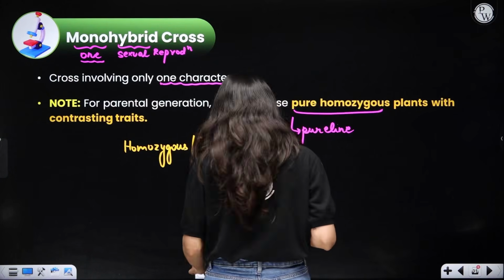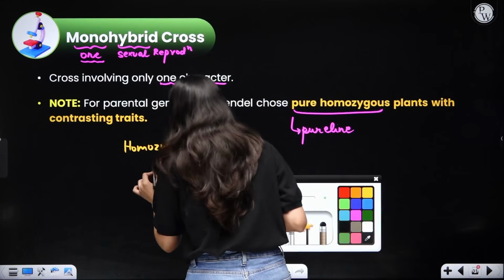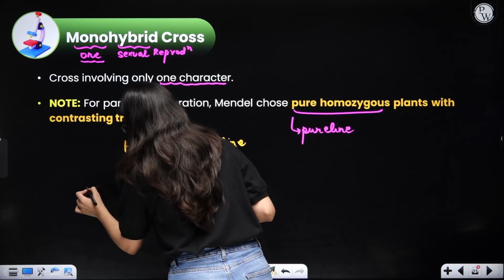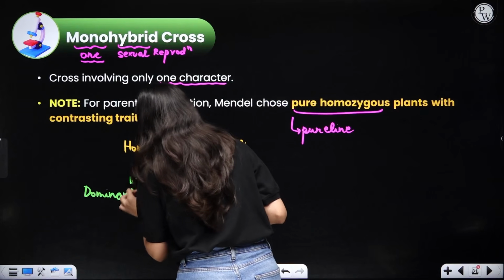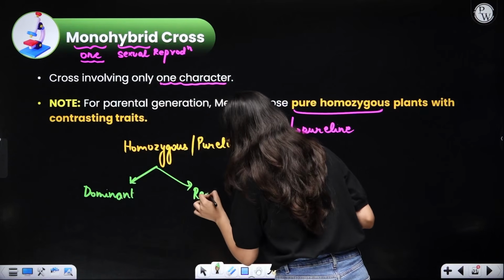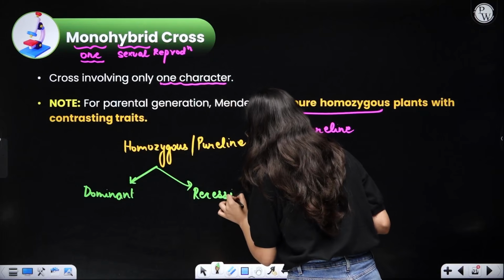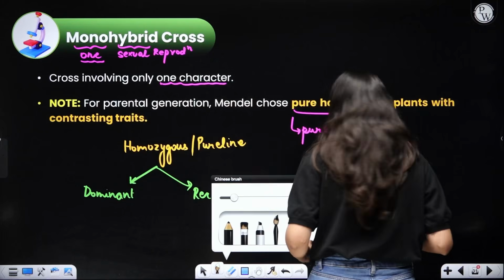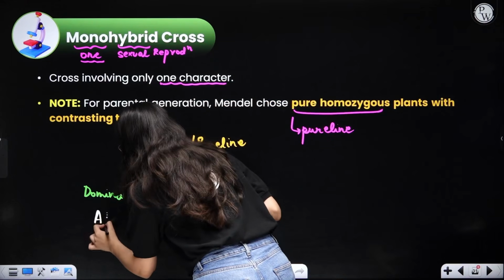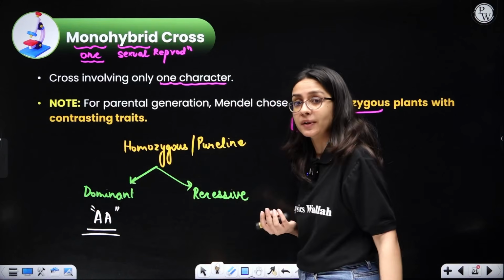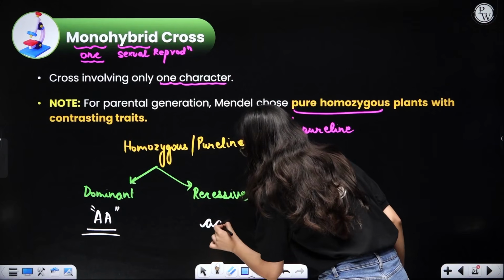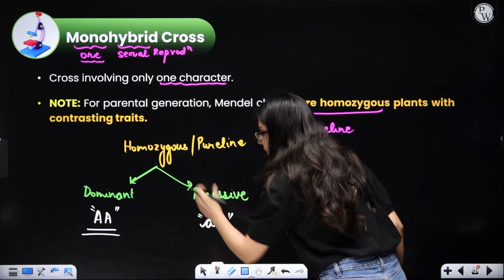Now homozygous could be of 2 different types, as we all know. Homozygous could be homozygous dominant, and it could be homozygous recessive. If it is homozygous dominant, it is supposed to have 2 dominant alleles. For example, if I am writing capital A, that means it is dominant. If I am writing small a, it is recessive. So it is homozygous recessive.